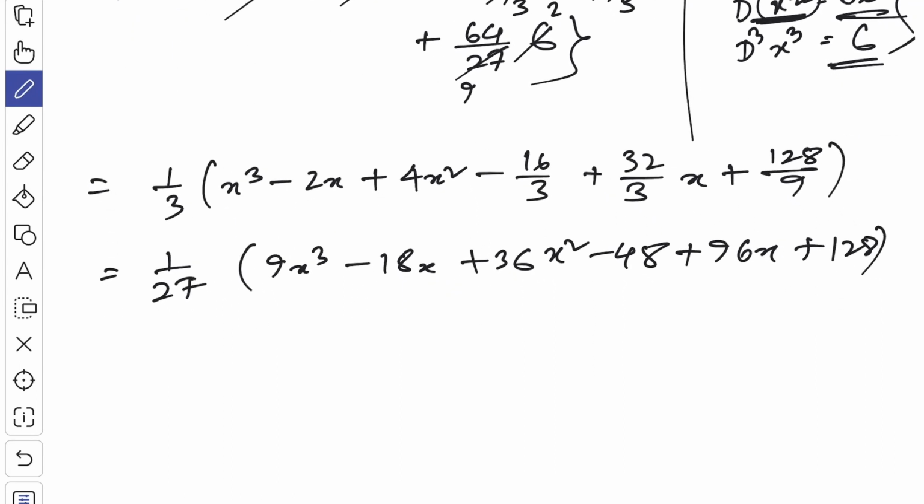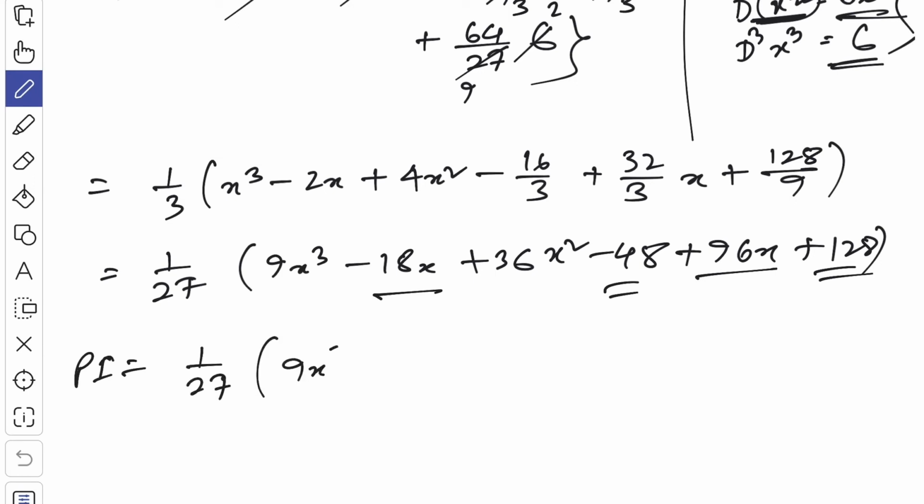So then here you see this is 96 minus 18, then this is 128 minus 48, and then finally we will get pi is equal to 1 by 27 9x cube plus 36x square plus 78x plus 80.